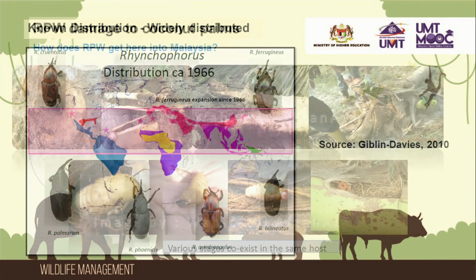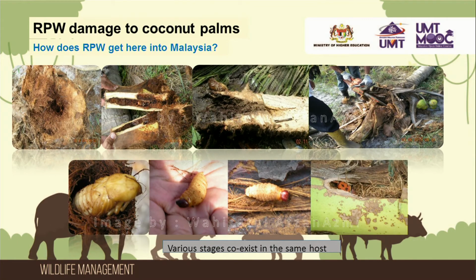The weevil is believed to be introduced by date palm trees, which were brought in across the border either for the date palm plantation or landscaping purpose without proper quarantine several years back.